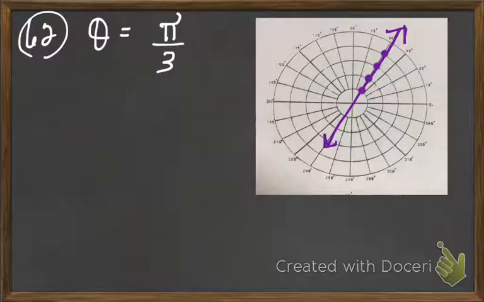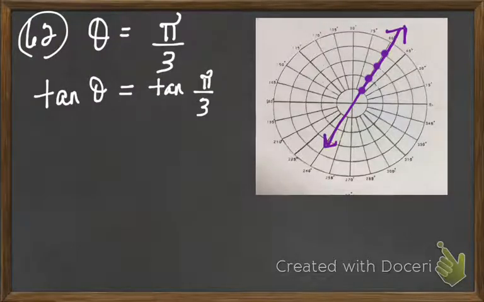All right, so how we do that mathematically: if we just have a theta and nothing else, we can't multiply both sides by r. That's not going to help us. We don't have an r to begin with. But we can take the tangent of both sides. The reason that this is helpful is because tangent is equal to y over x.